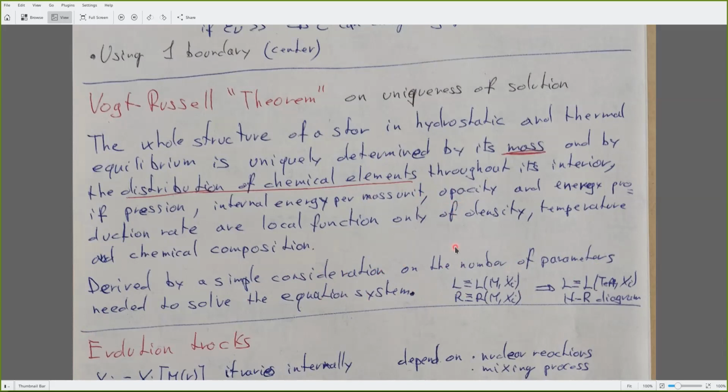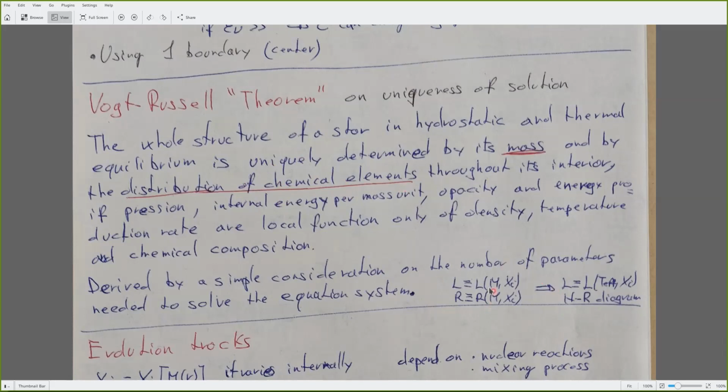Considering all the additional conditions, we can see that just by giving the mass and the distribution of chemical elements, we can determine all the constants for the integration.